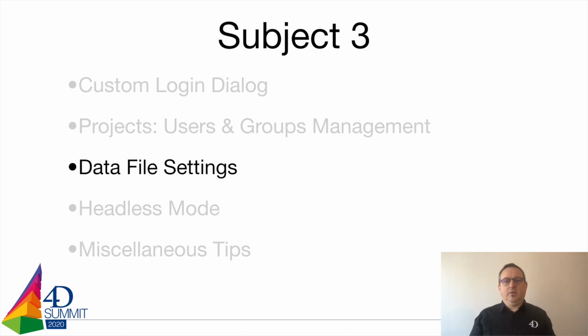So we did some changes in V18 to make the application folder untouched if you place your data outside the package. We have just seen one of them: the user and groups file, the directory JSON file, which can be placed in the settings folder near the data file.